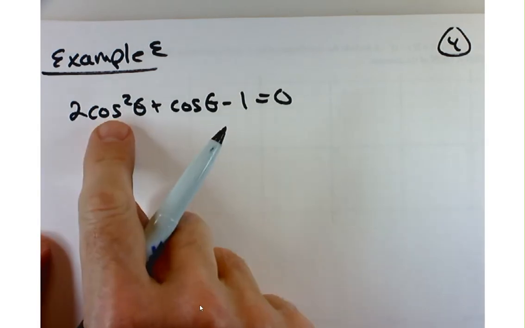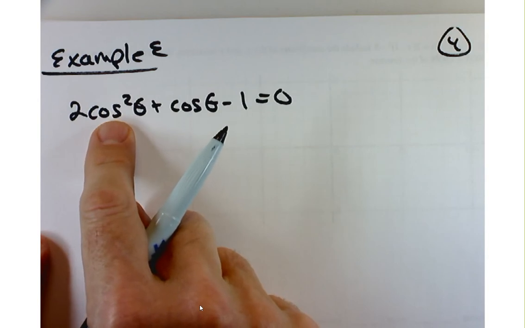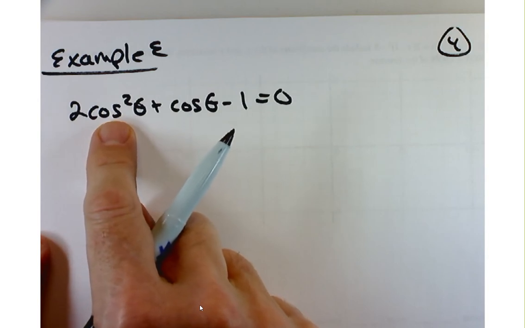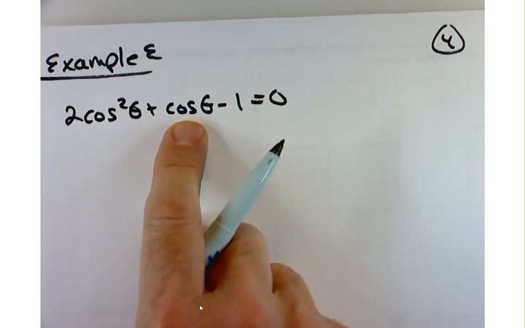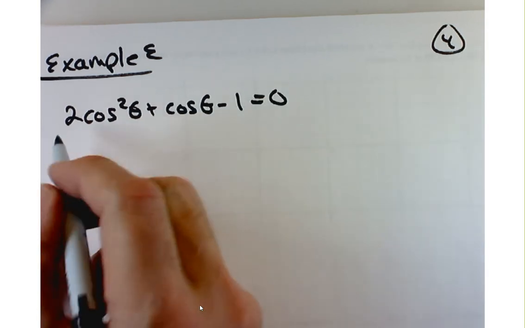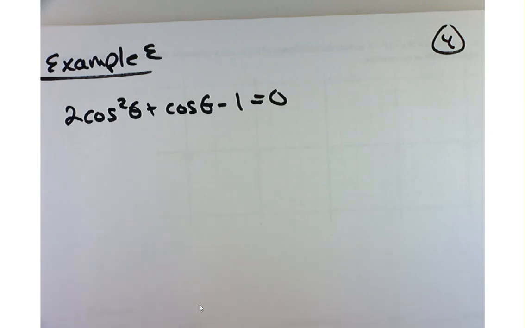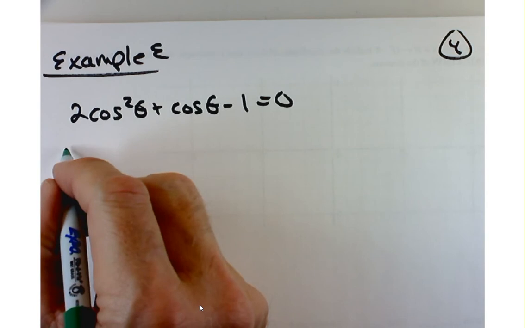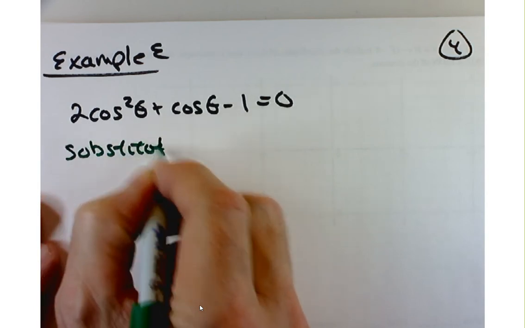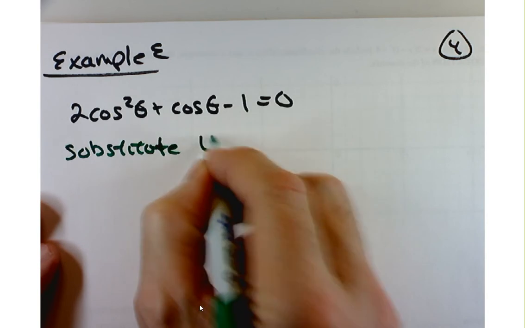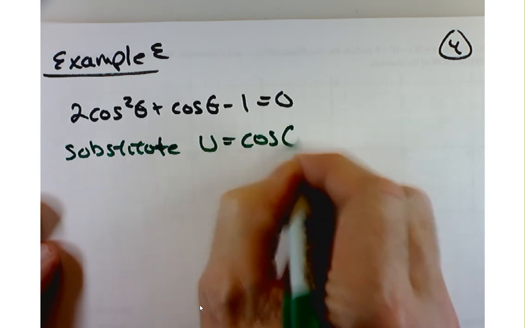If you take a look at this, this is a quadratic equation. It just happens that it's a quadratic equation with the variable cosine of theta. Let's make kind of a quick substitution to dial it down a little bit. Looks a little confusing. So we're going to substitute u equal to cosine of theta.